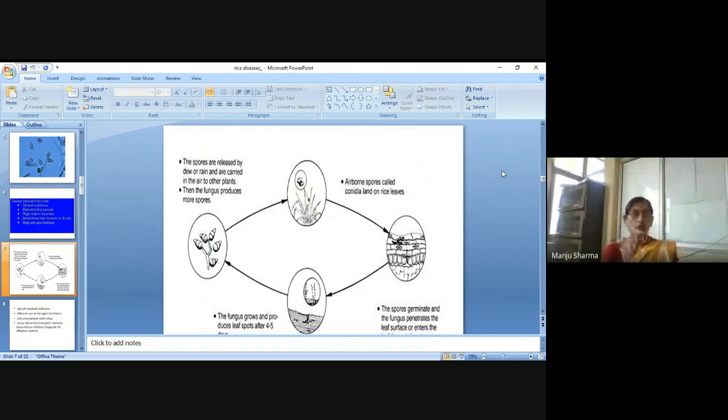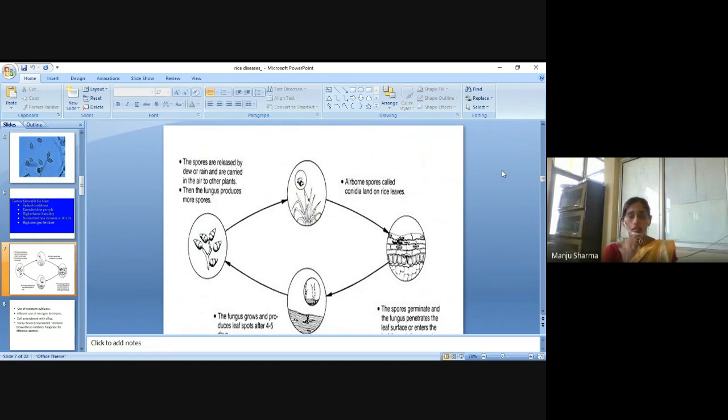The spores are released by dew or rain and are carried in the air to other plants. Then the fungus produces more spores. The airborne spores called conidia land on rice leaves.